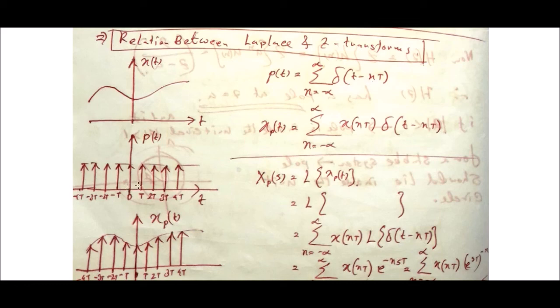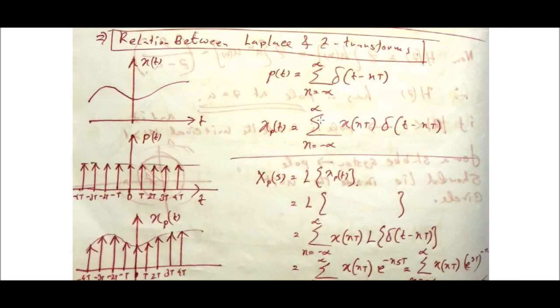If you put n equal to 1, delta will be shifted here. N equal to 2, delta will be shifted here. N equal to 3, shifted here. In this way, all of them are added. That means the right side signal is formed. And if you put n equal to minus 1, delta will be shifted here. N equal to minus 2, shifted here. In this way, you can have all these left-handed trains of pulses. So adding all of them, you will get this train of pulses, in infinite duration.